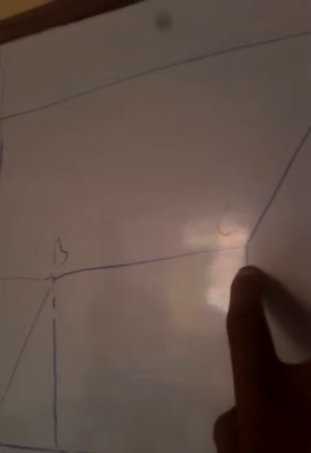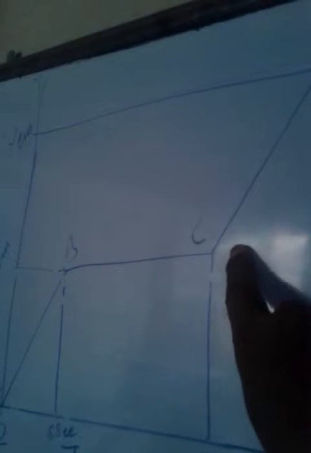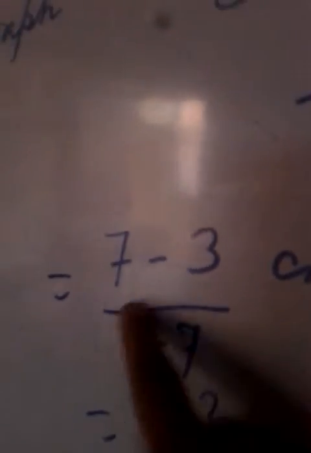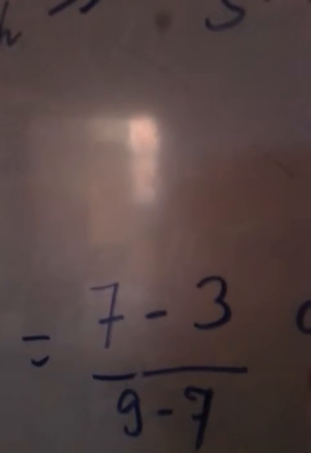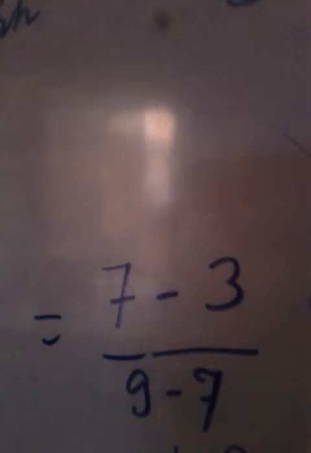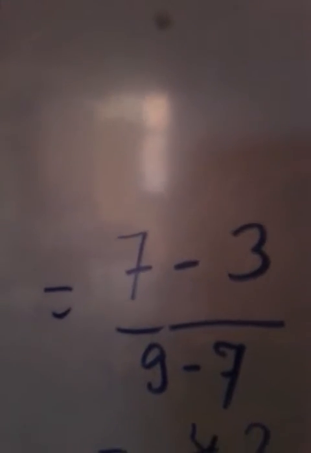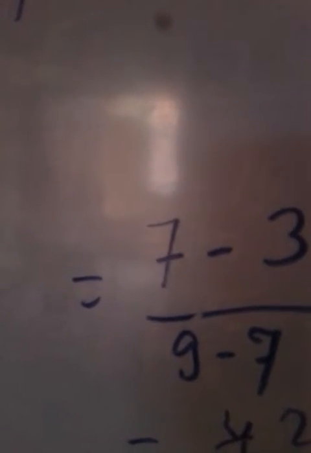In this graph this is 7 and here it is 3. So 7 minus 3 is 4, and time 9 minus 7 is 2. Above, along the y-axis it was given in centimeter, and along the x-axis in second. So 4 by 2 is 2 centimeter per second. That gives the speed in the distance time graph.